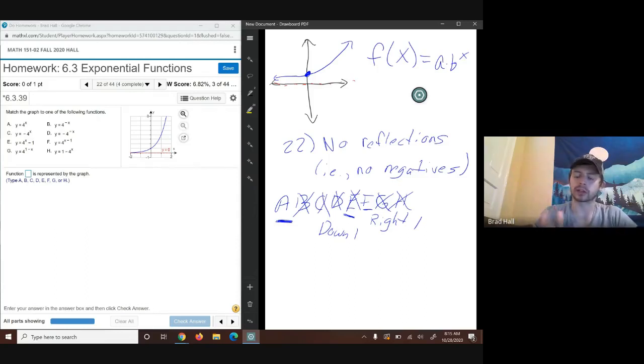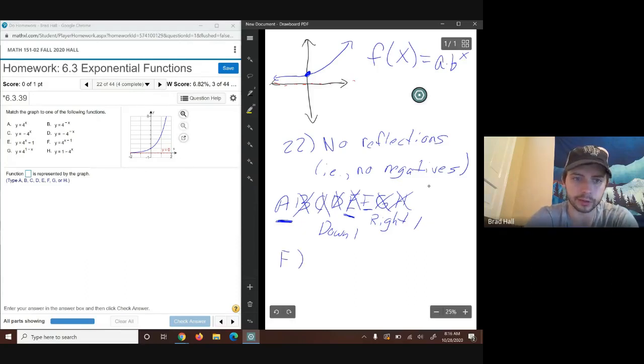I mean, it looks like everything's unchanged, but there are certain problems that look pretty identical if you move to the right 1. How often do those come up? That just depends on what kind of questions you get in the homework. So here is a quick way to determine whether F is correct or not.